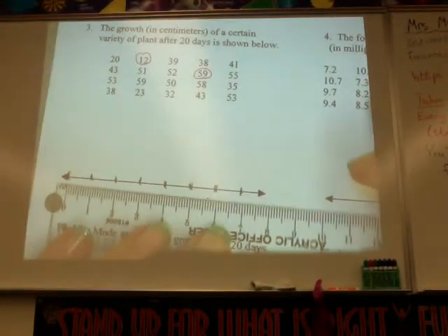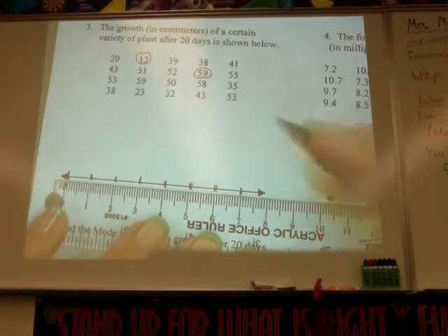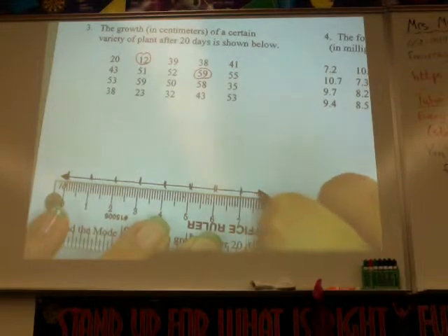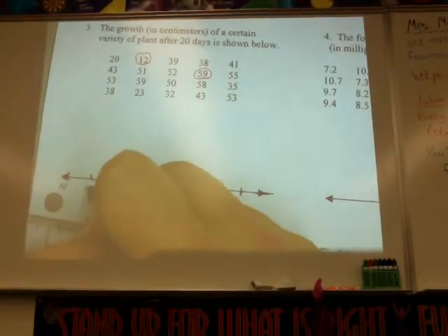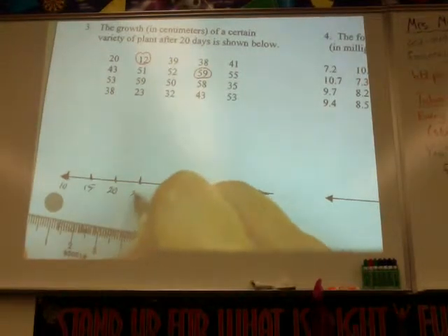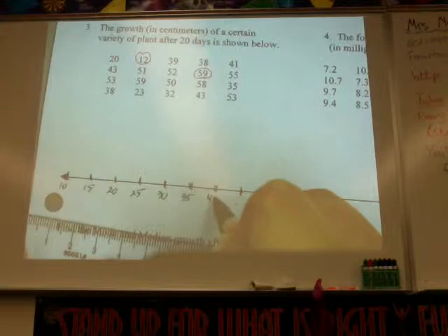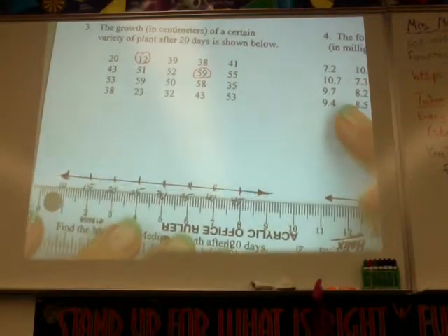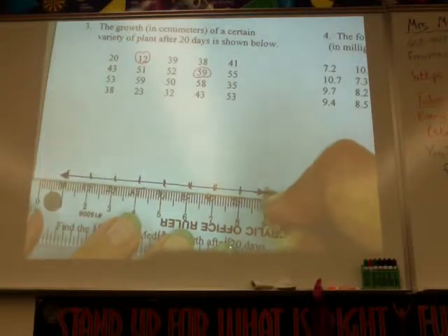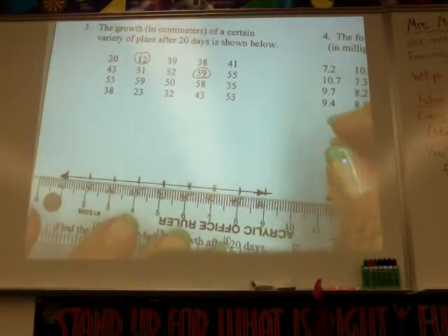We're going to solve our issue right here. What am I going to do? I'm going to extend my line. So if this is 10, this is 15, 20, 25, 30, 35, 40, 45, this is 50. And then how far do I have to go?